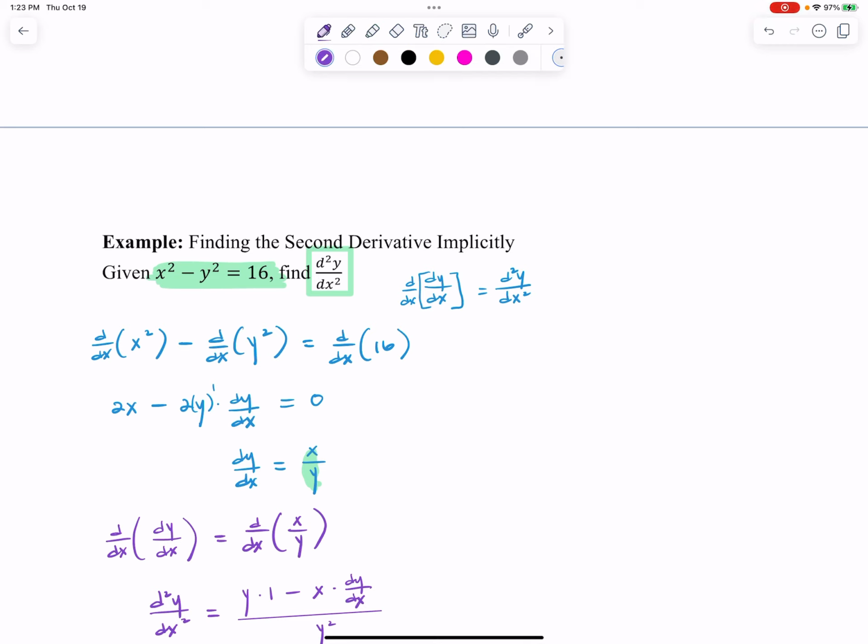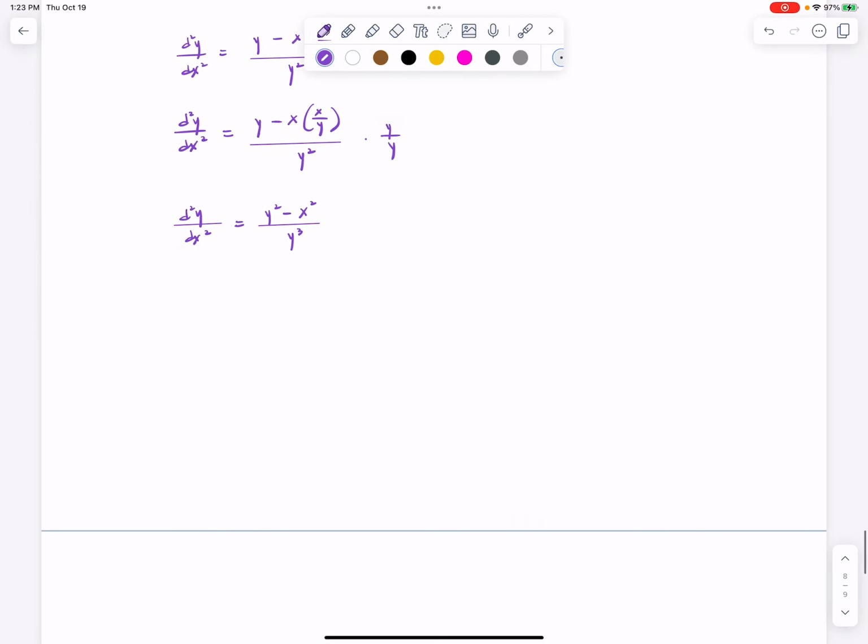Well, if we do some rearranging there, if we were to multiply by -1 on each side of that equation to turn it into y squared minus x squared equals -16, then we could actually replace the numerator there with -16. Just a thought you may have to have in order to get a multiple choice answer. Okay, so that would be our second derivative.